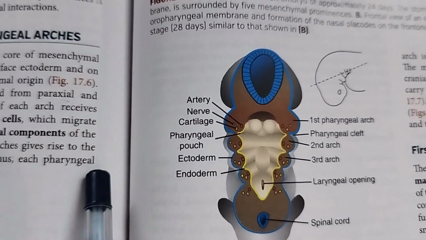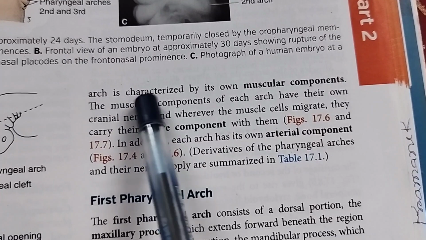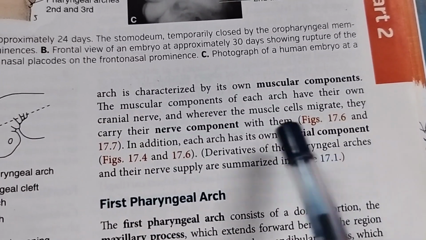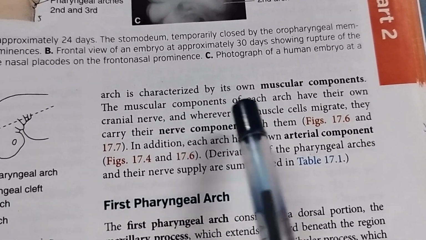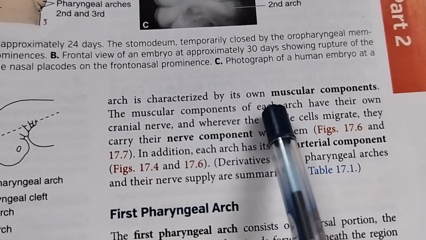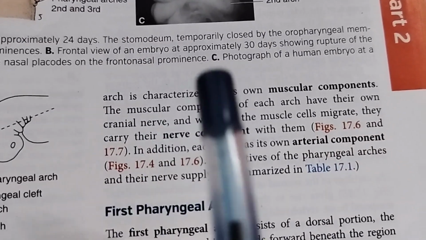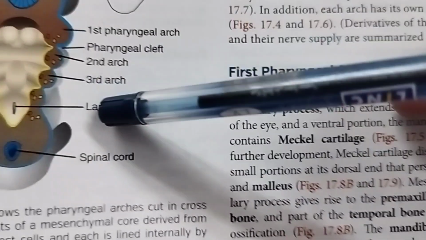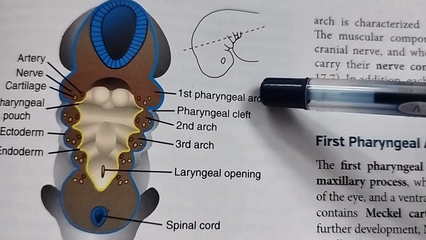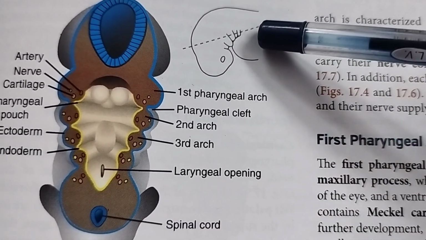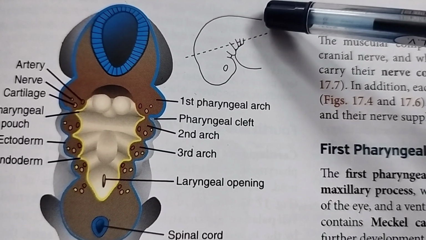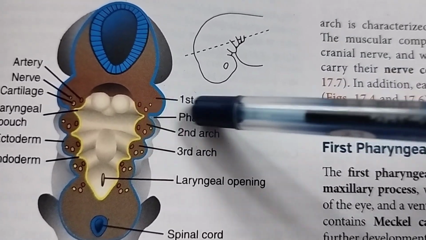So each pharyngeal arch is characterized by its own muscular component, and each muscular component has its own cranial nerve. Each arch has its own cranial nerve. So if the first pharyngeal arch gives rise to some muscles, they will have a particular cranial nerve that is derived from this arch.